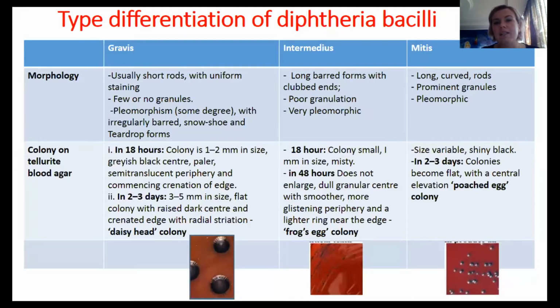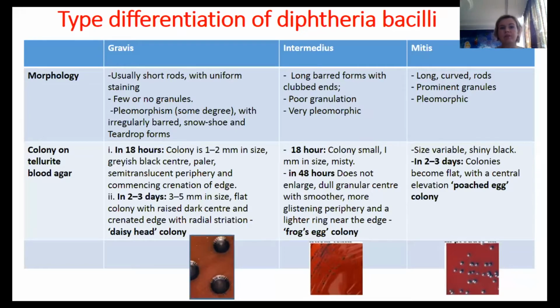Corynebacterium diphtheriae has 3 biovars: gravis, intermedius, and mitis, which are differentiated by morphology, cultivation and description of colonies, epidemiological activity, and different complications.